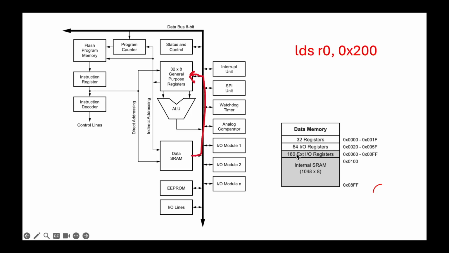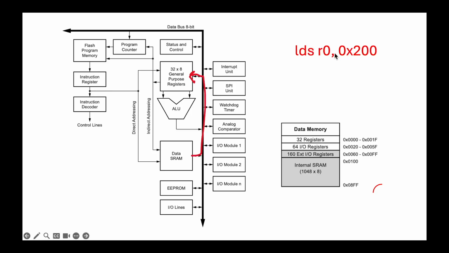And maybe the extra ones, like UART or other stuff, are going to be in the 160 external I/O registers. They're going to be in these addresses. After these addresses, the internal SRAM addresses will start. So this is 2 kilobytes of SRAM. There's a little typo here. This should be 2048.